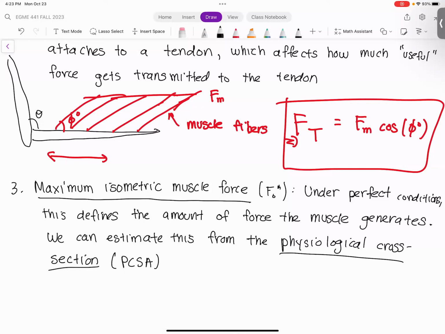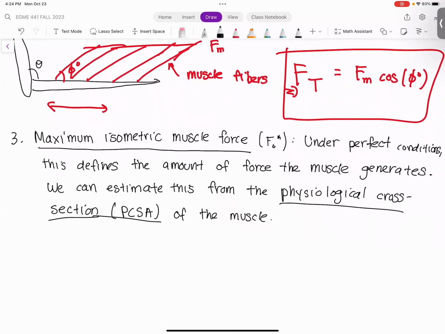In other words, we call that PCSA, or the physiological cross-sectional area of the muscle. Okay. And the reason we call it the physiological cross-section is that, whenever you take the cross-section of something, the exact area that you get depends on the orientation of the slice that you take, right?